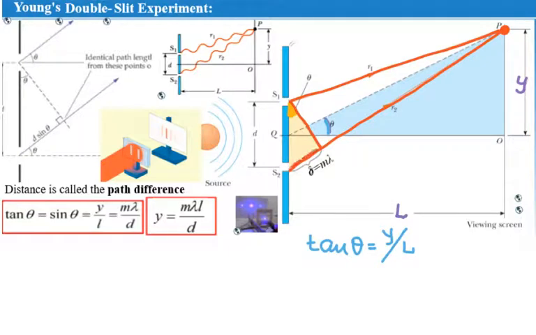So this part needs to be a number of wavelengths longer than the shorter path to make these two equal lengths. If this is m times lambda, where m is 1 or 2 or 3 or 4 wavelengths, then you will get constructive interference. They will arrive at the same phase and hit the screen at the same phase and cause constructive interference.